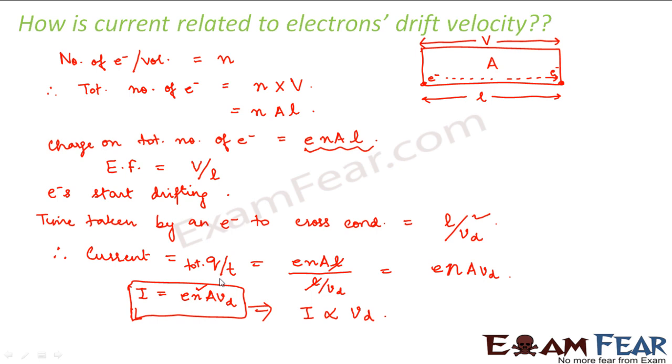Even though the drift velocity, that is the velocity with which an electron is drifting, is very small, the number of electrons present within the conductor is very huge. Let us suppose you have to carry 100 bricks to the 10th floor of a building.